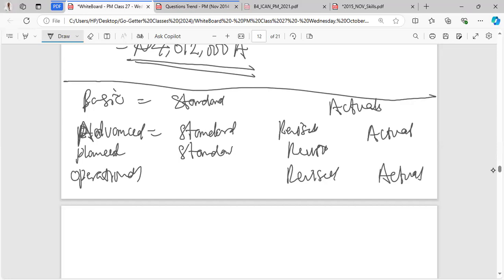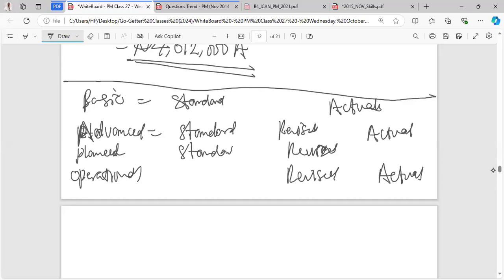So in all cases of advanced variance, revise is featured. If it is planning, revise takes the place of actuals. Standard is there. If it is operational, revise takes the place of standard. Actual is there.